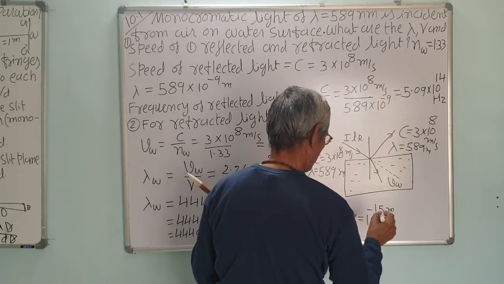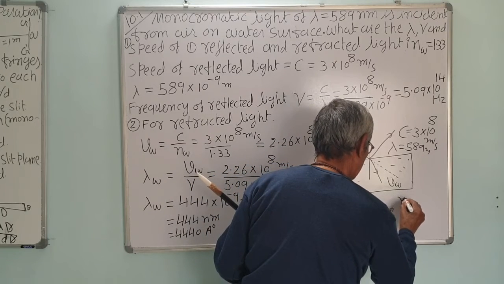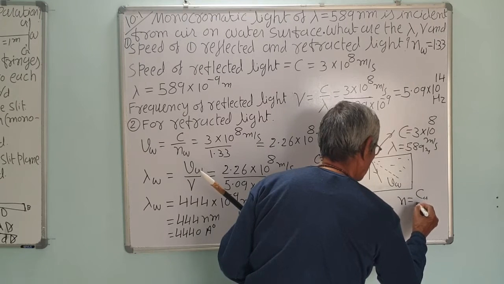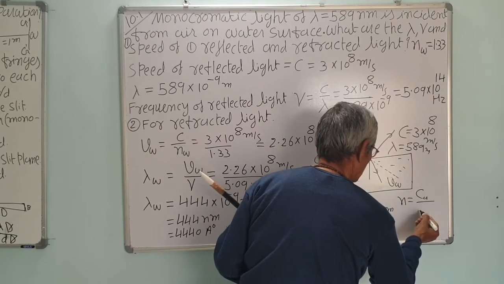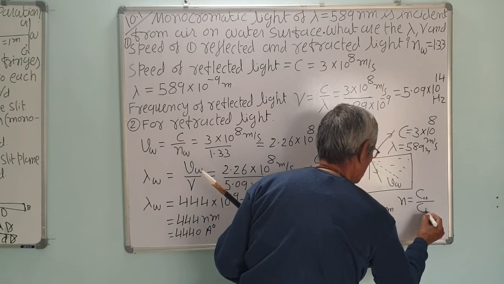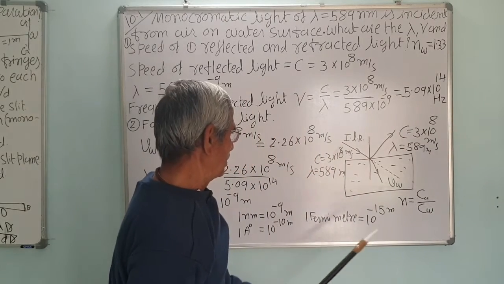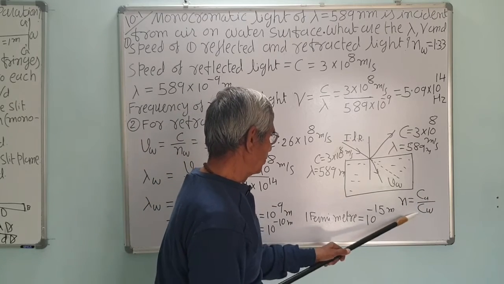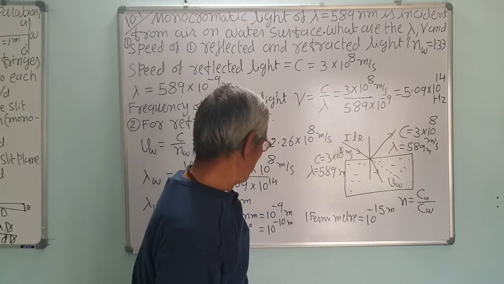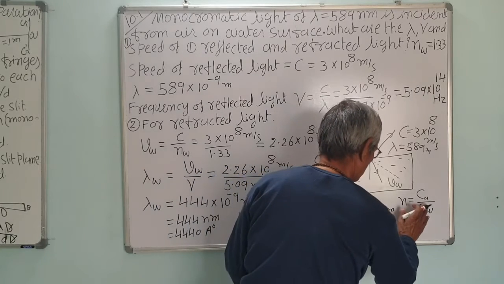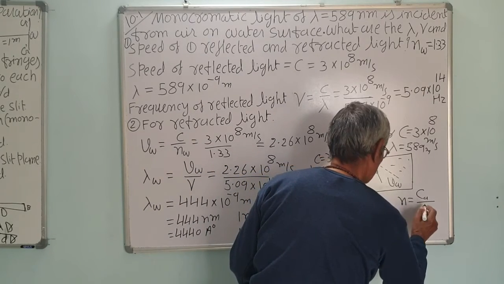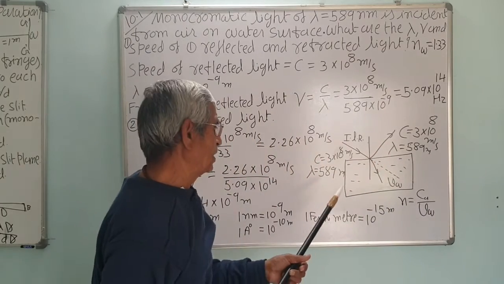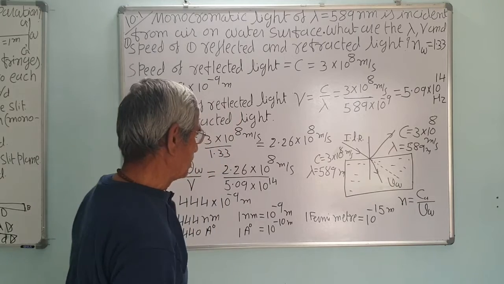So the refractive index is given by the equation: velocity of light in air, C air, upon velocity of light in water, C water. You can use V also, sometimes they use VW. Any symbol you can use, but generally C is used in most international books.